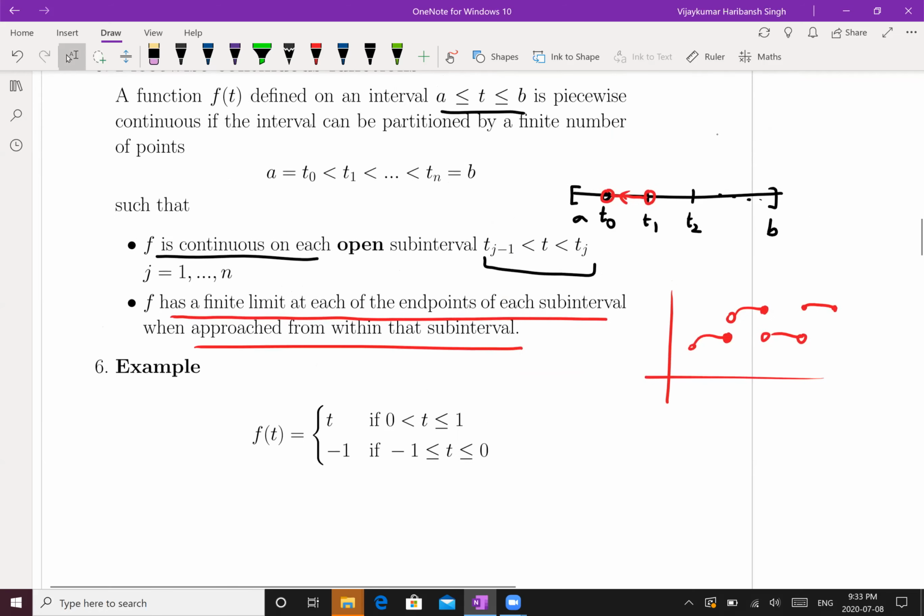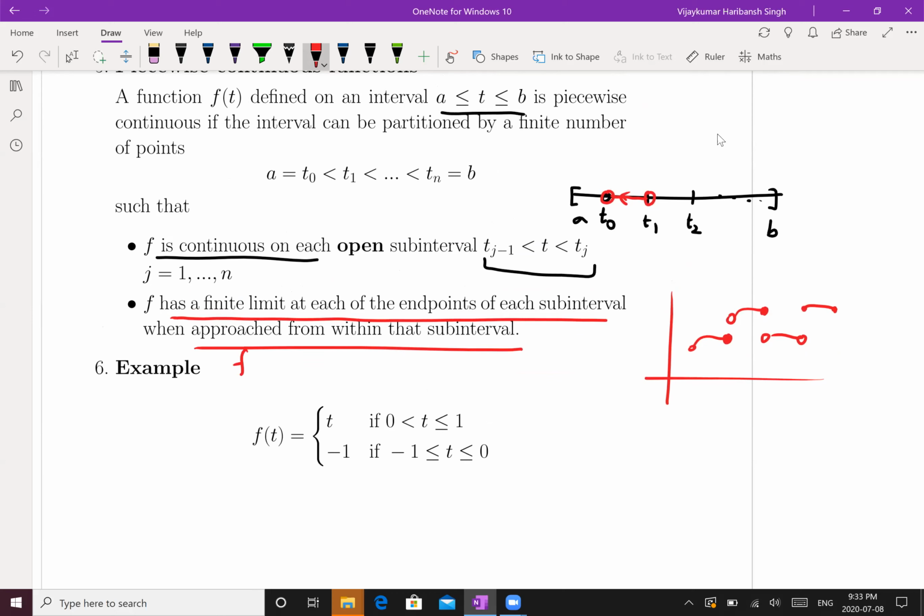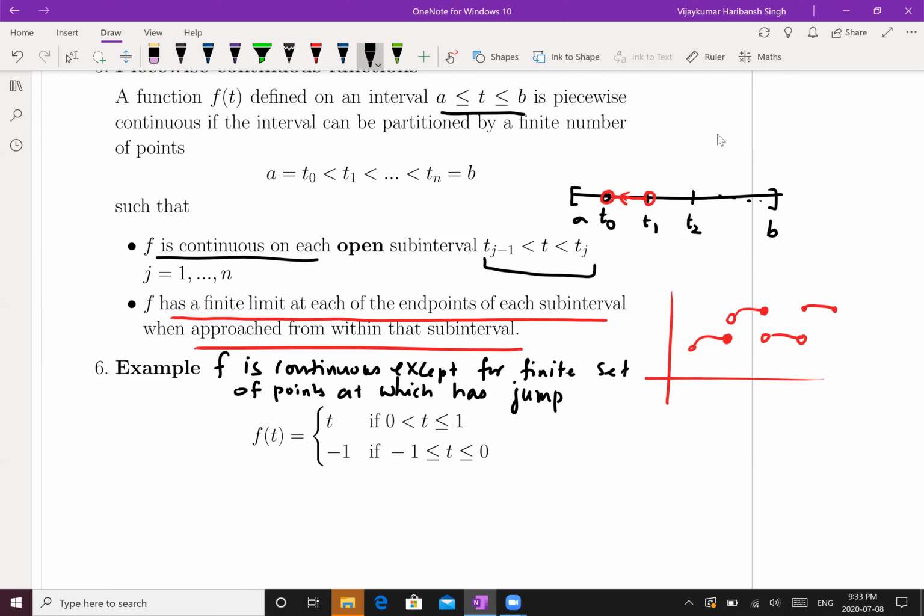So basically the idea is f is continuous except for a finite set of points at which it has only one kind of discontinuity, which is a jump discontinuity.